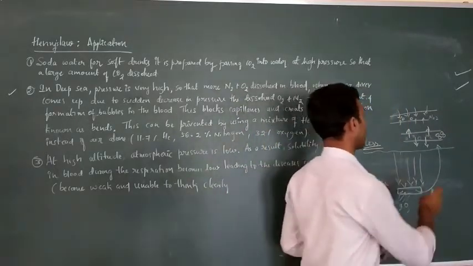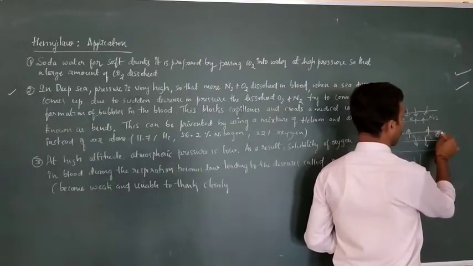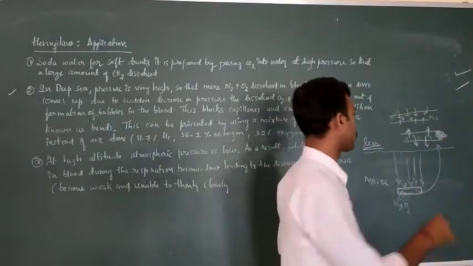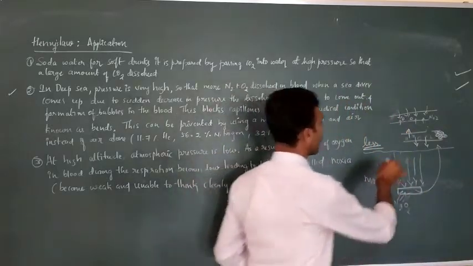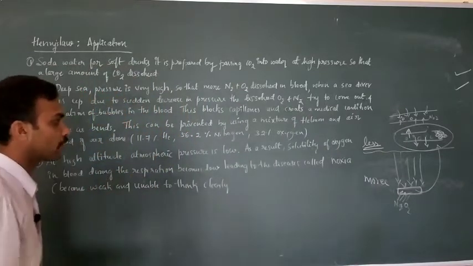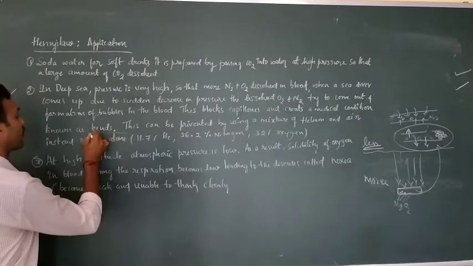They make bubbles of nitrogen and oxygen, and they block the capillary, and they can also rupture the capillary. This medical condition, the blocking of the blood vessels or rupture of the blood vessels, is known as bends. Very, very important.